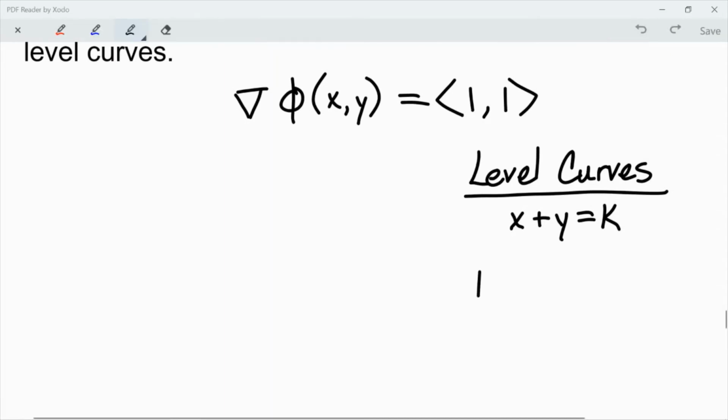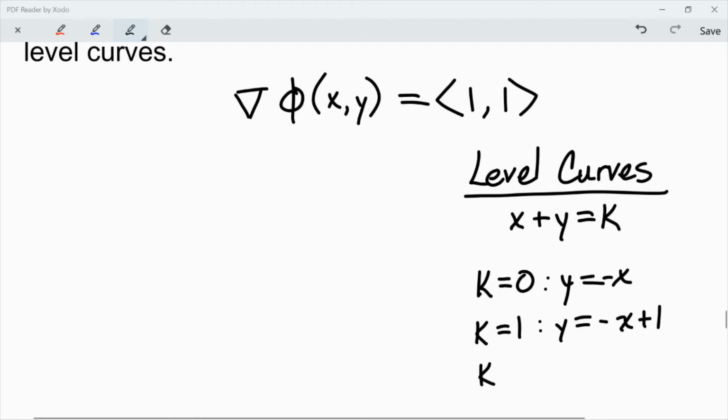So for example, if I choose k is equal to 0, well, that's just going to give me y is equal to negative x. If I choose k is equal to 1, I'm going to get y is equal to negative x plus 1. Or if I do k is equal to 2, I'm going to get y is equal to negative x plus 2. So those are my level curves.